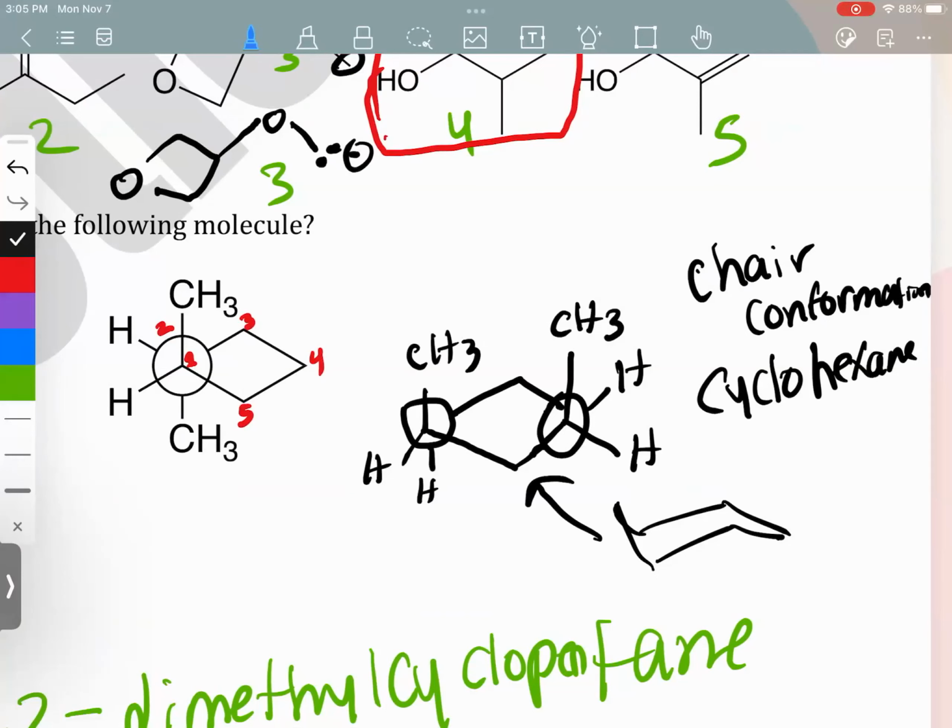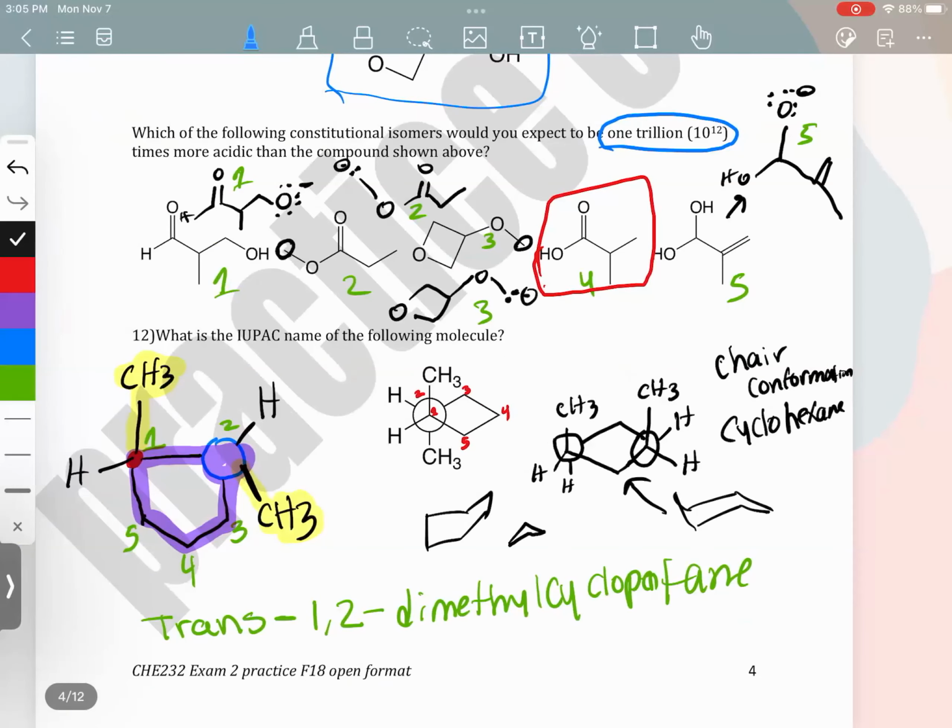And of course, some chair conformations, when they're not flat, like butane and pentane, butane and up, they do have chair conformations too. The pentane, of course, will look a bit weird. It'll just be like this. Butane, I don't think there's a chair conformation. Butane, that's just like this. No, it is. It looks like a boomerang kind of. But yeah, there's other chair conformations as well. But what we're learning about mostly is the cyclohexane chair conformation because it's stable.